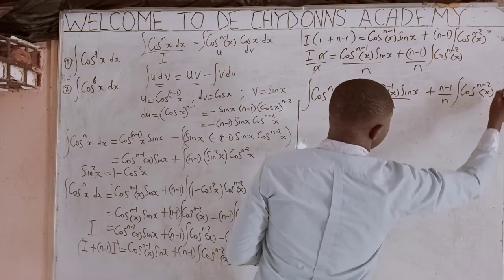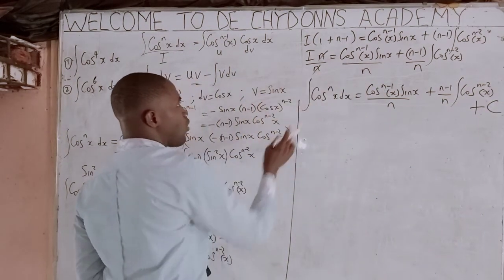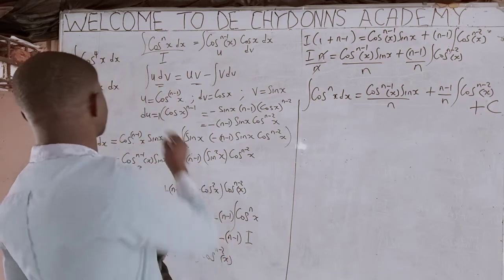So you attach plus c, because we don't have upper and lower limit. So that is the shortcut we are to use to solve it.